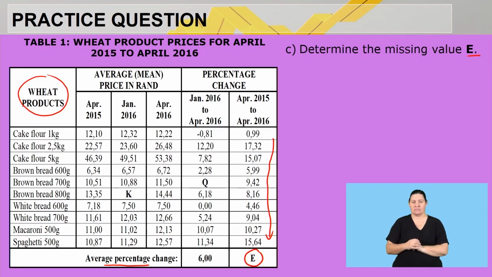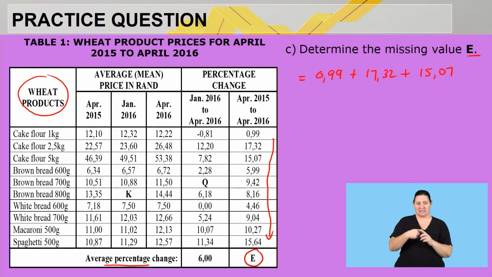So let's start by answering this question. First of all, I'm going to say 0.99 plus 17.32 plus 15.07. Remember, I'm getting the sum total now.